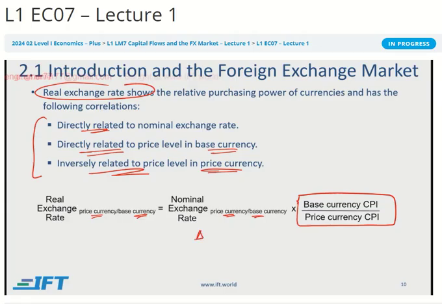And just remember that the change in the nominal one multiplied by the change in the base CPI divided by the change in the price CPI is going to give you the change in real exchange rate. And therefore, the real exchange rate change is directly related to the nominal exchange rate, directly related to the base currency, and indirectly or inversely related to the price level in the price currency.